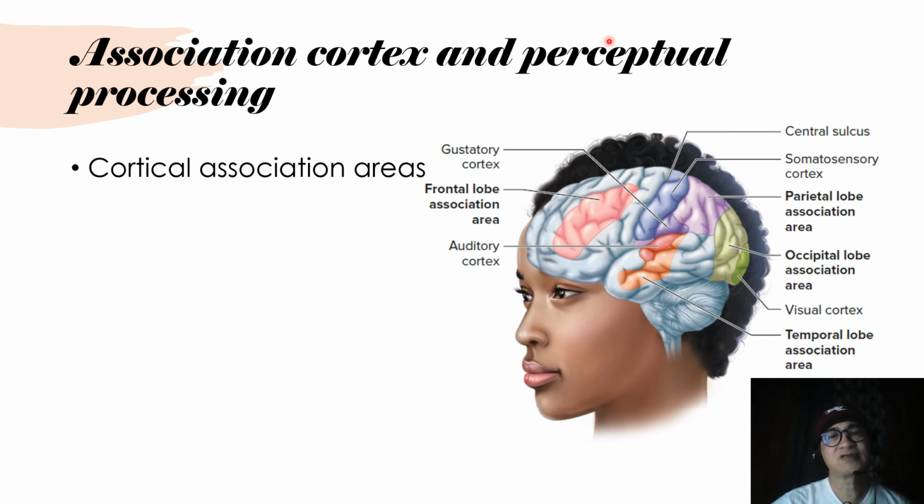The cortical association areas lie adjacent to the primary sensory and motor cortex. So the region closest to the primary sensory cortex processes information in a very simple way and serves basic sensory-related functions.